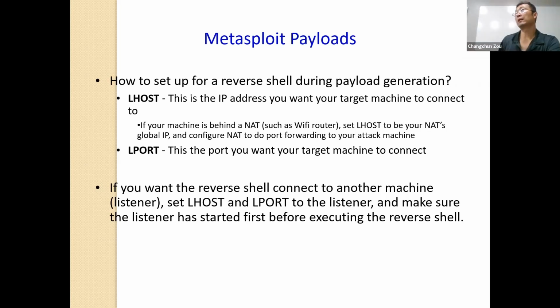In this way, even if security staff find out that the computer has been compromised, they don't know where this attack comes from, because the Meterpreter shell is connecting to a third computer. So basically, the attacker has the flexibility to define this.